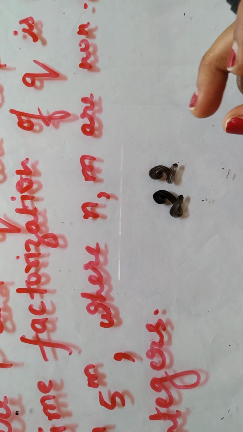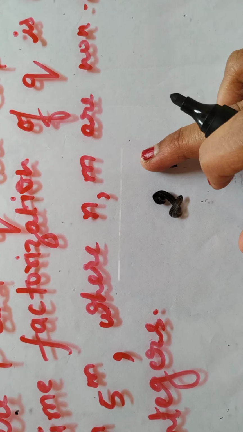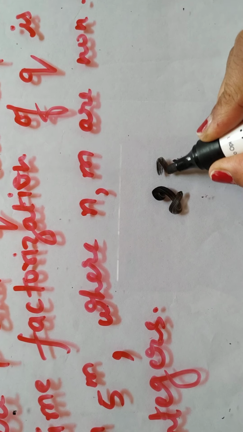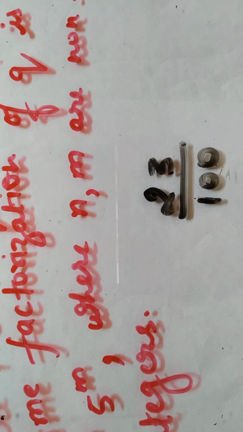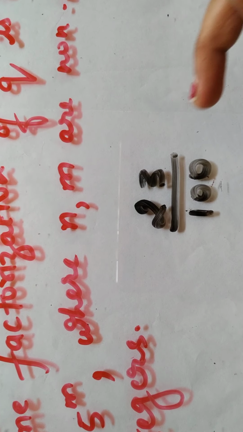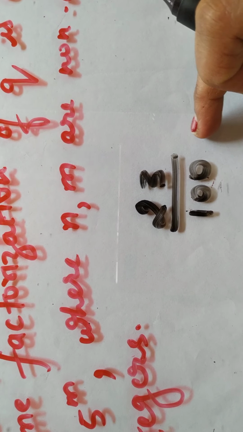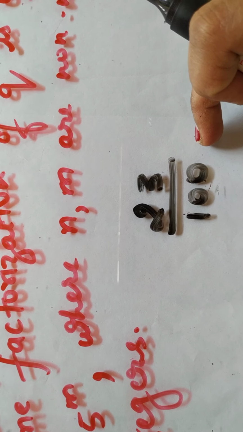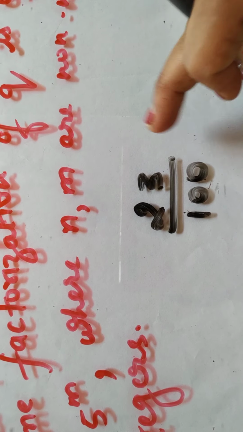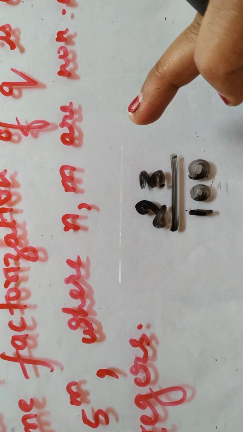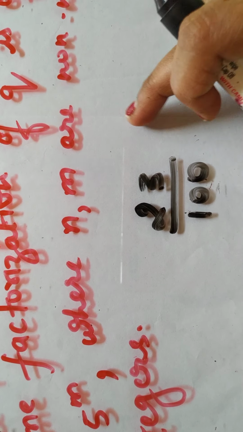23 divided by 100. Now 23 and 100 are co-prime numbers. It is also a rational number, that means it is in the form of P upon Q, where the GCD of both is 1, so it is co-prime.